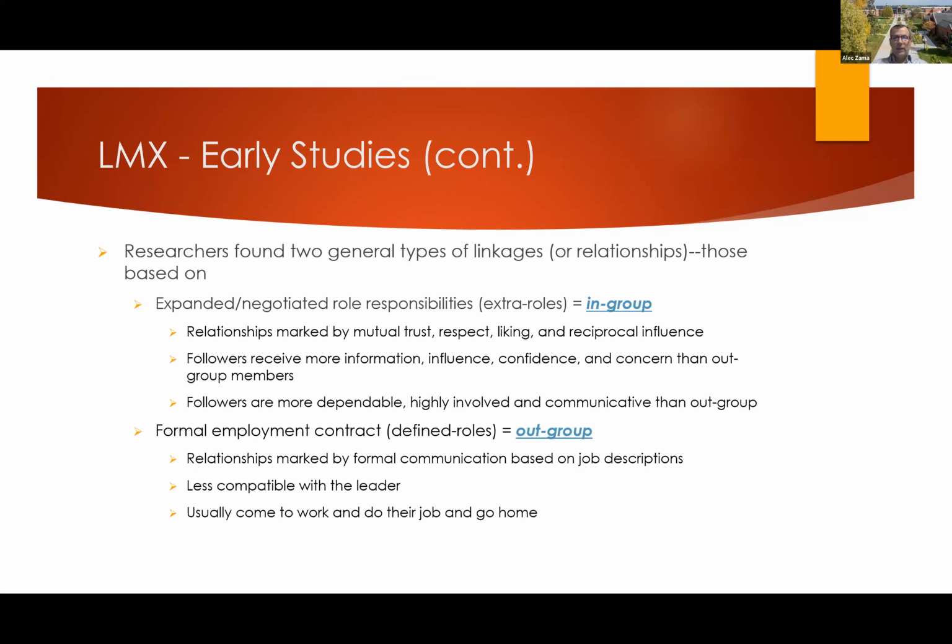In the in-group, the relationships between leaders and followers were marked by mutual trust, respect, liking, and reciprocal influence. In these situations, followers received more information, had more influence, and received more confidence and concern from the leader than employees in the out-group. Also, followers tended to be more dependable, highly involved, and communicative than the members in the out-group.